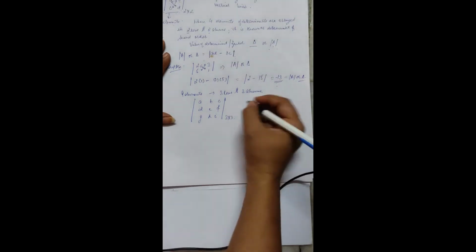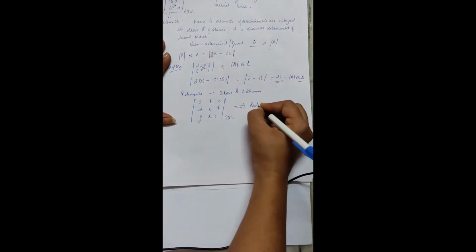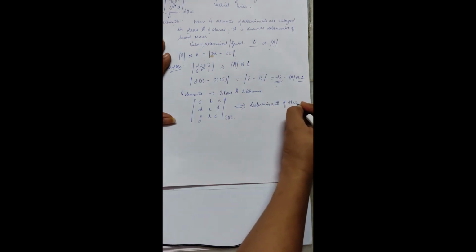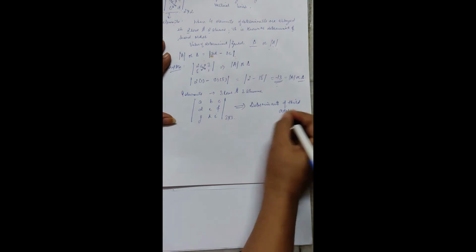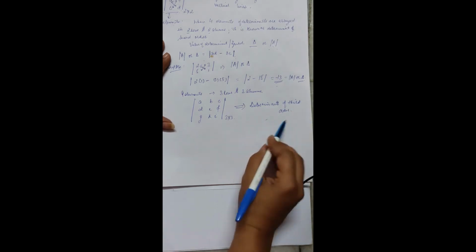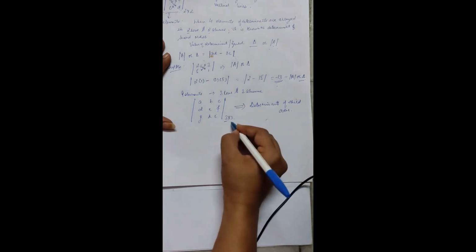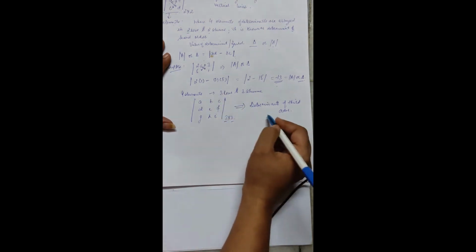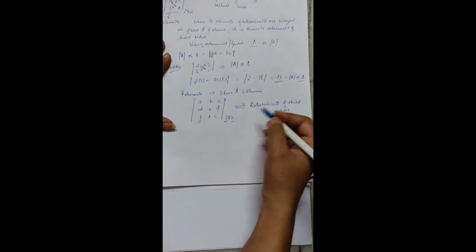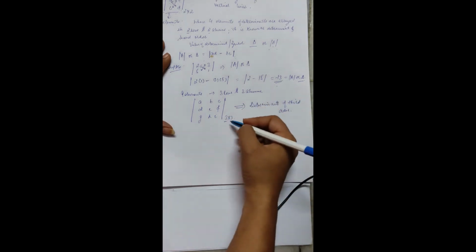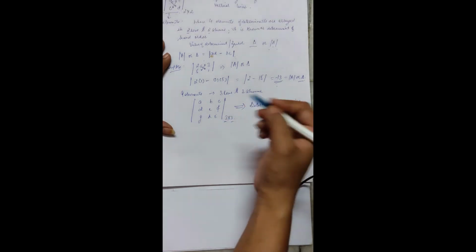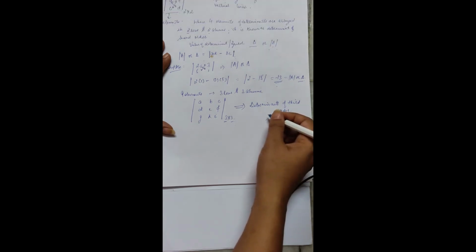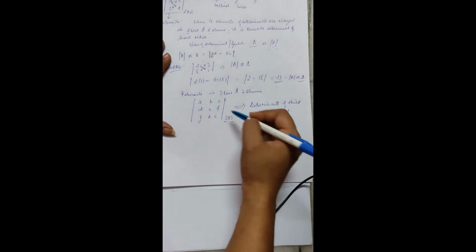I will write it as a determinant of third order, because I have 3 rows and 3 columns, and in total I have 9 elements. And so on. If there are 4 rows and 4 columns, we can say determinant of fourth order, with more than 9 elements as in this case.